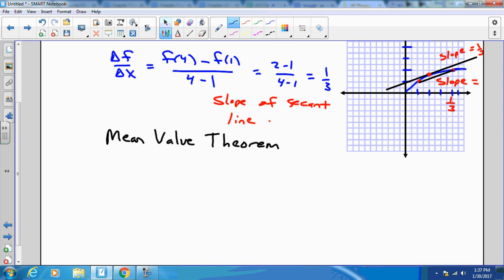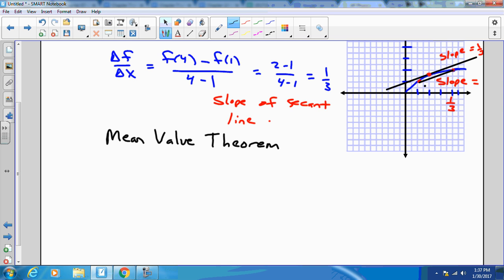And to get at the mean value theorem and the conditions for it, I want to observe that the picture that we have here with my f, my secant line, my tangent line, if I were to simply take this point and pull it down to be level with f of 1 right here, I would be looking right at Rolle's theorem.